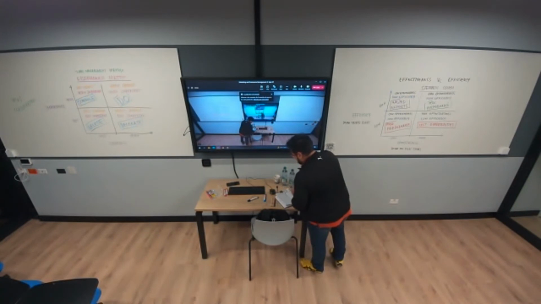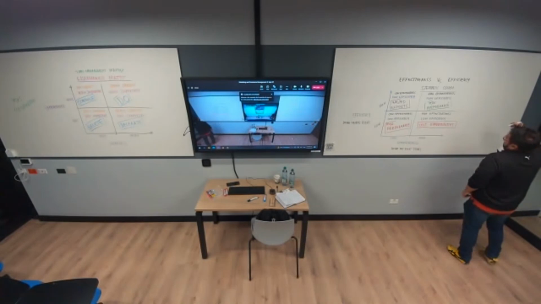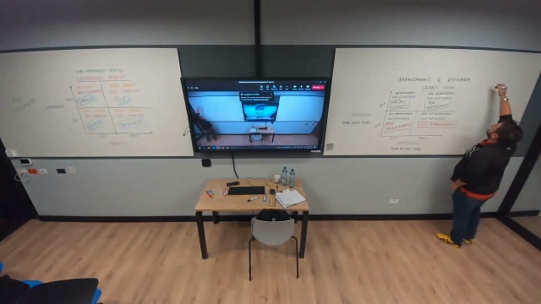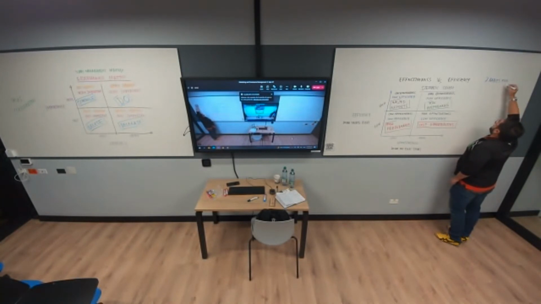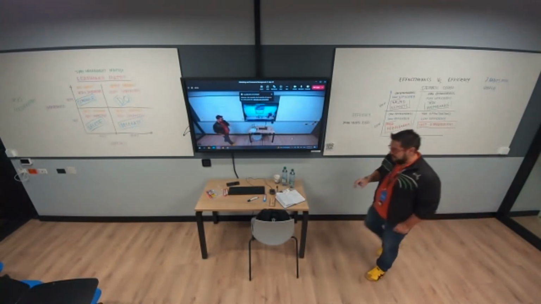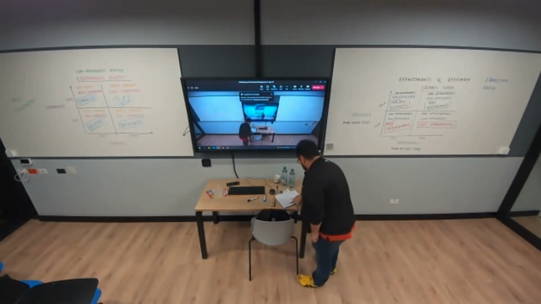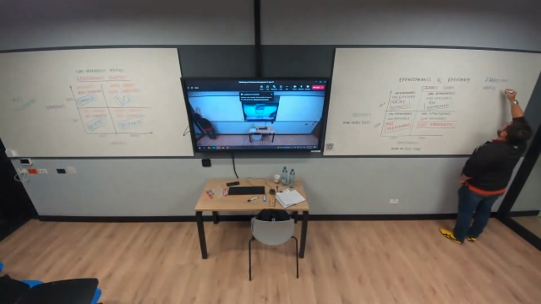Stephen Covey also proposed 7 habits, and he called those the 7 habits for highly effective people.